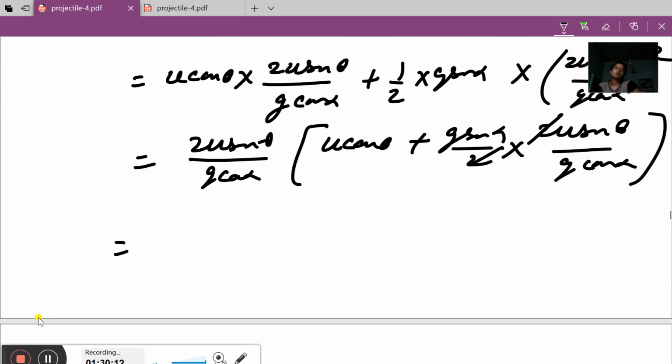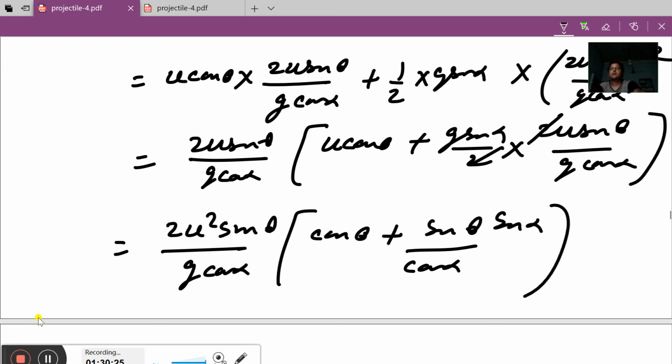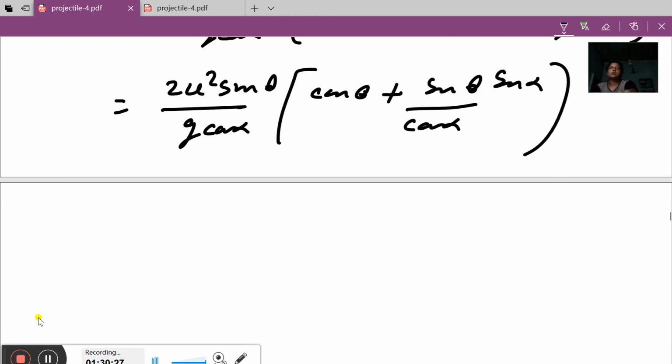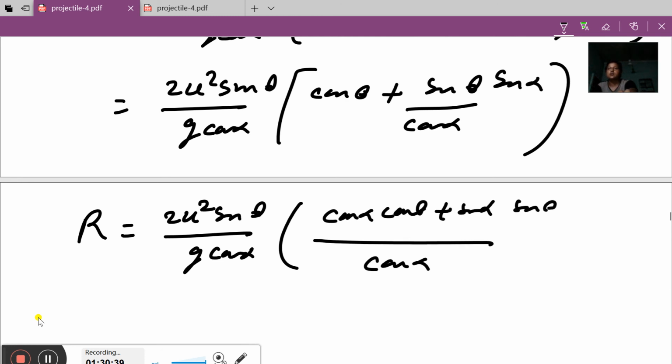So 2u square sin theta over g cos alpha times cos theta plus sin theta over cos alpha sin alpha. So range in downward projection is 2u square sin theta over g cos alpha, taking the LCM, cos alpha cos theta plus sin alpha sin theta.